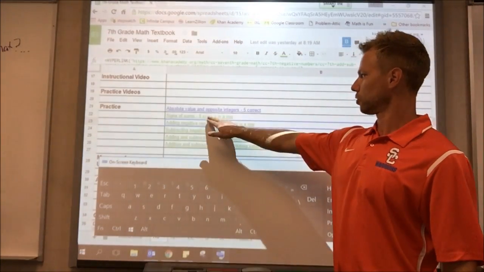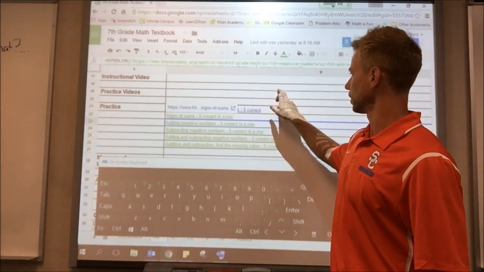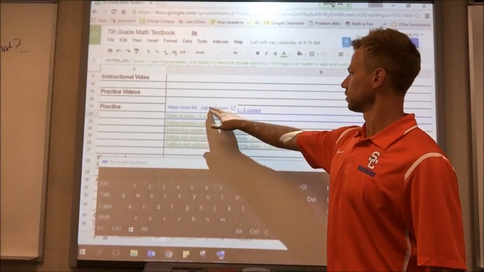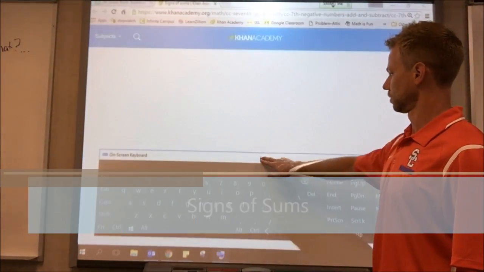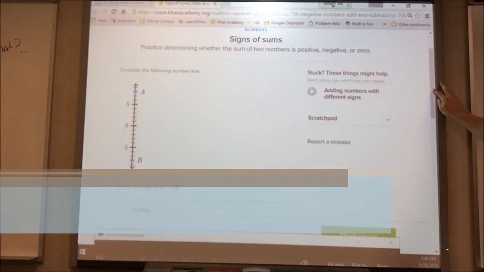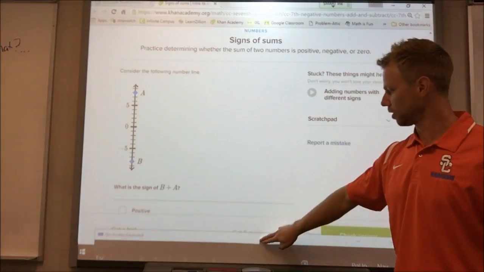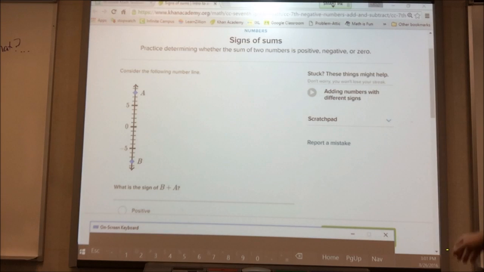All right, first one is signs of sums. We'll click on that one as soon as my board cooperates. Okay, good. Signs of sums says consider the following number line. What is the sign of B plus A?